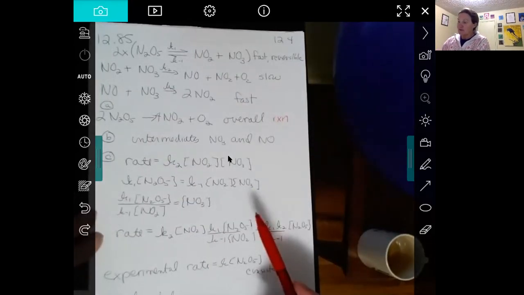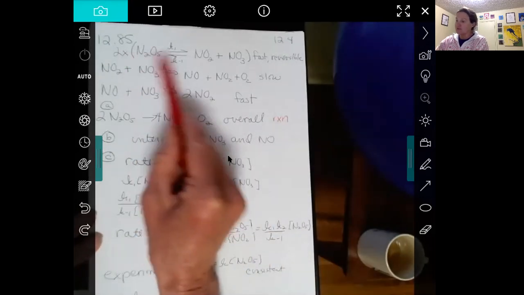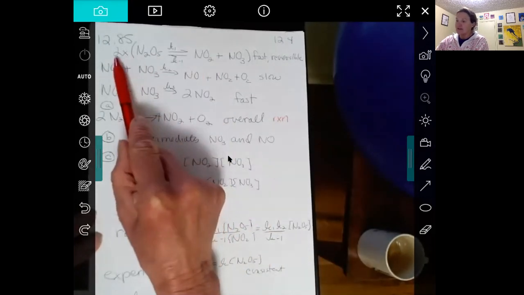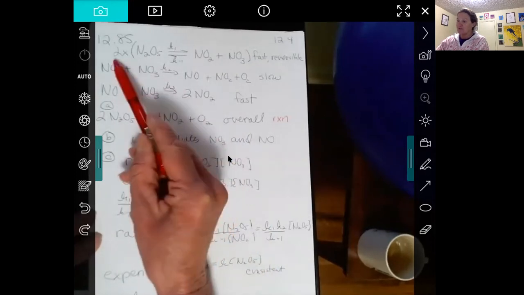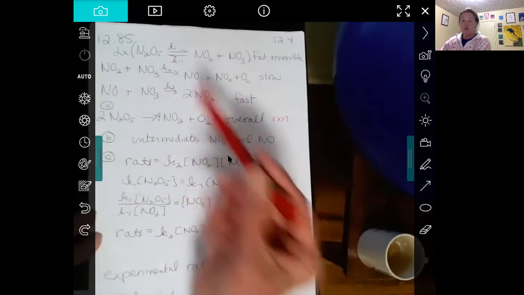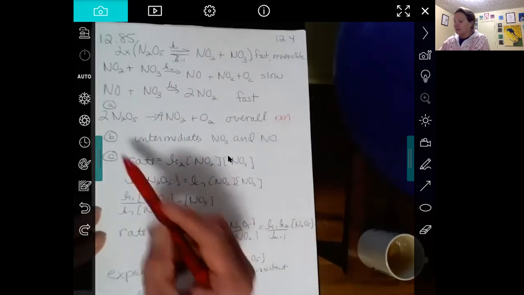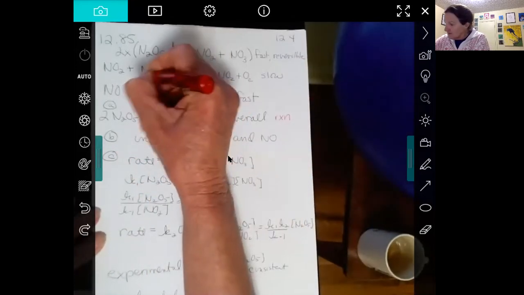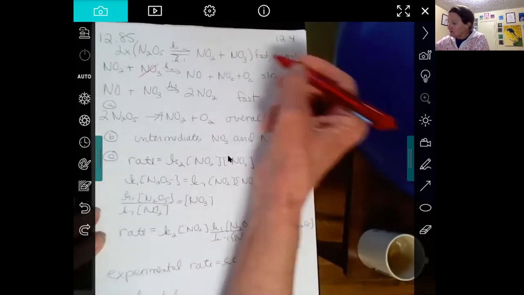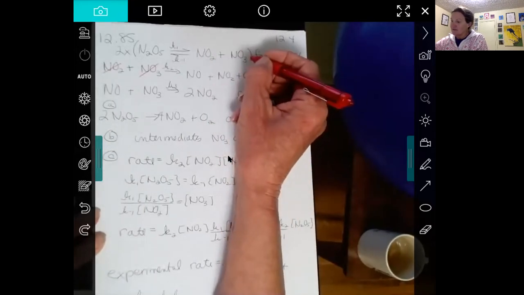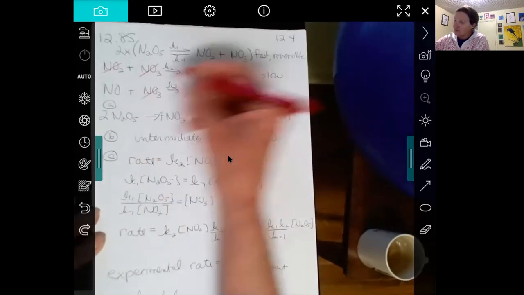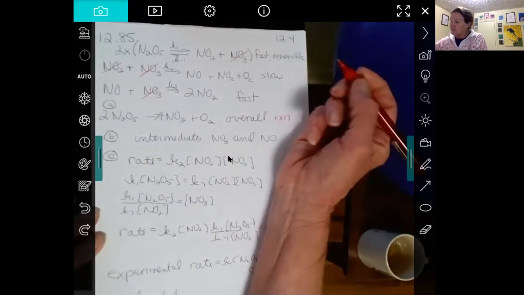In order to add them together, you have to realize that if the first one can go backwards, it really has to happen twice for the reaction to take place. So I'm going to multiply each of these by 2 when I add them together. Because there are 2 of them, both of those cancel with one set of these. And then NO3 cancels with one of them.